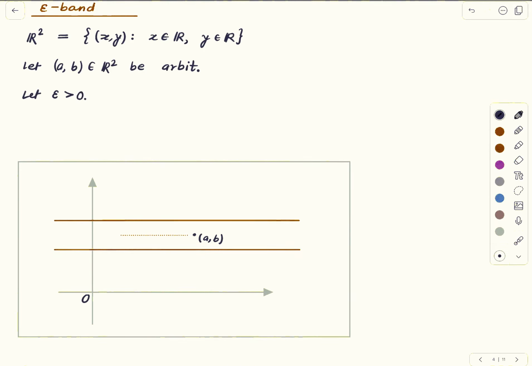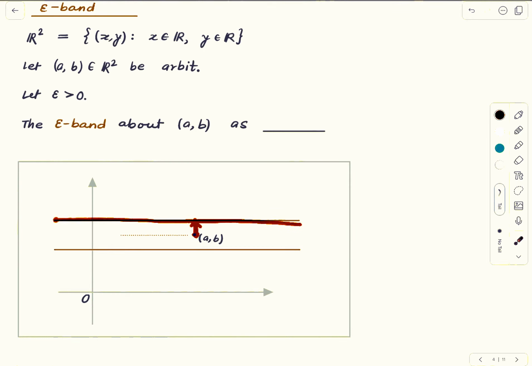Then we define the epsilon band about the point (a, b) as something. We will write it down, but what is the idea? We have this point (a, b). You draw a horizontal line epsilon distance above. So you go epsilon distance vertically above and draw this horizontal line.